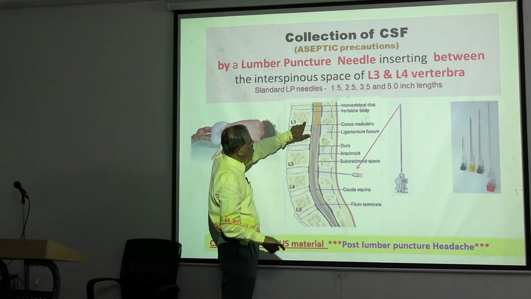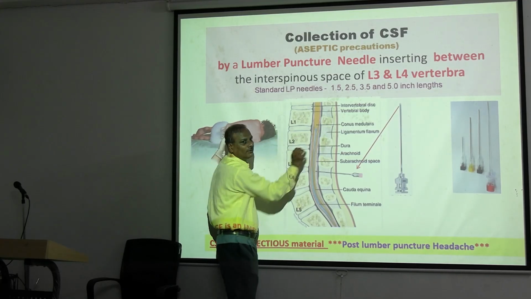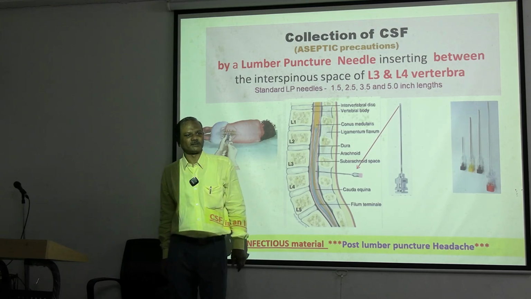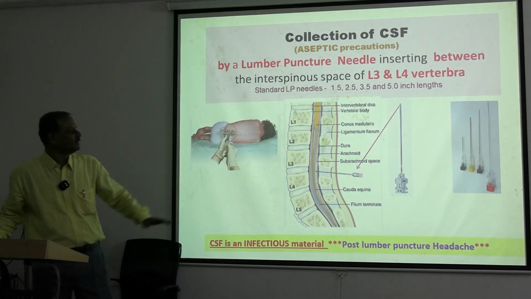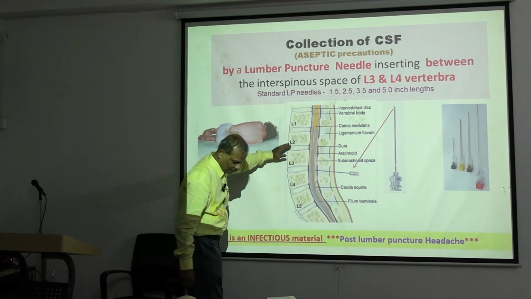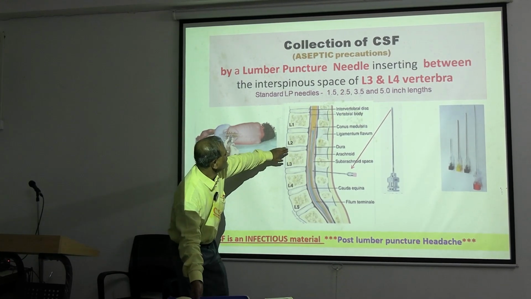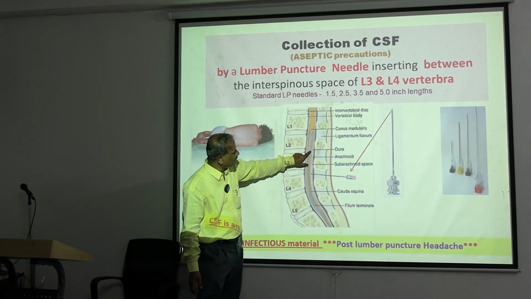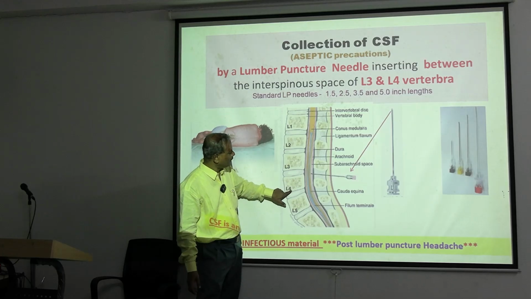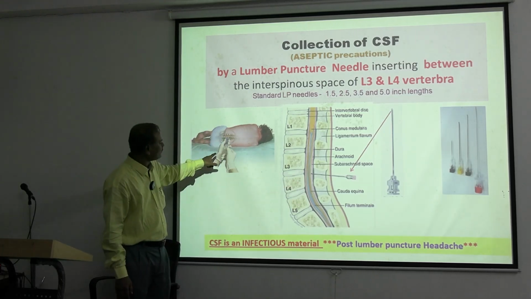So it is basically the L1 and L2 space. Now, if you put a needle here, you are likely to injure the terminal part of the spinal cord. There is a possibility. Therefore this space is not preferred. L1, L2, no. L2, L3, sometimes the cord might extend there also. So L3 and L4 is the actual interspinal space from where it is done.